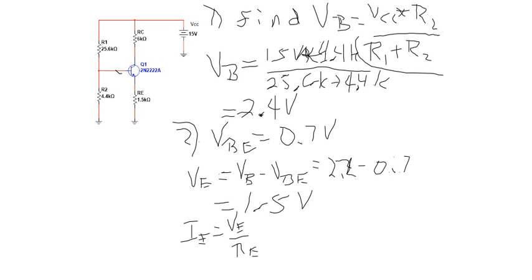Yeah, let's go ahead and number it. That's 1.5 volts over 1.5 k ohms, which will give me 1 milliamp.